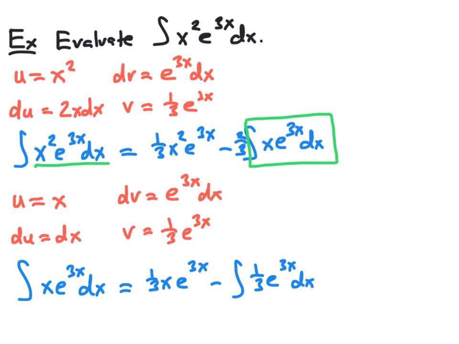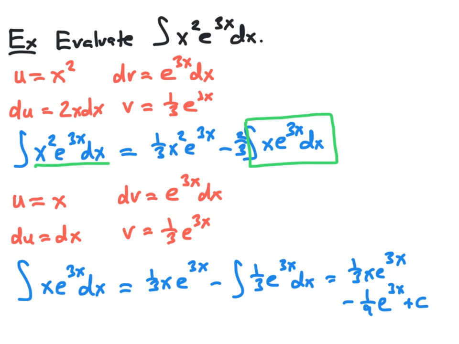This new integral is one that we can, in fact, now evaluate, since it's just a constant times an exponential. So this will equal 1/3 x e to the 3x minus 1/9 e to the 3x plus c.